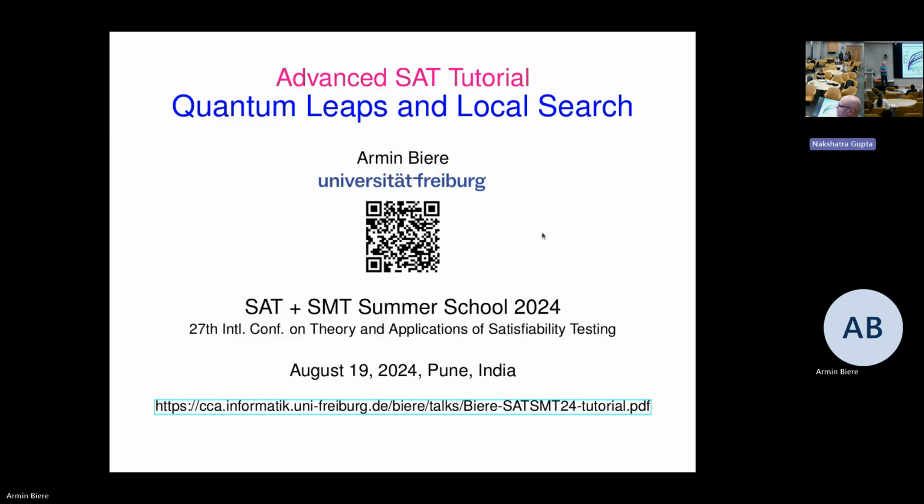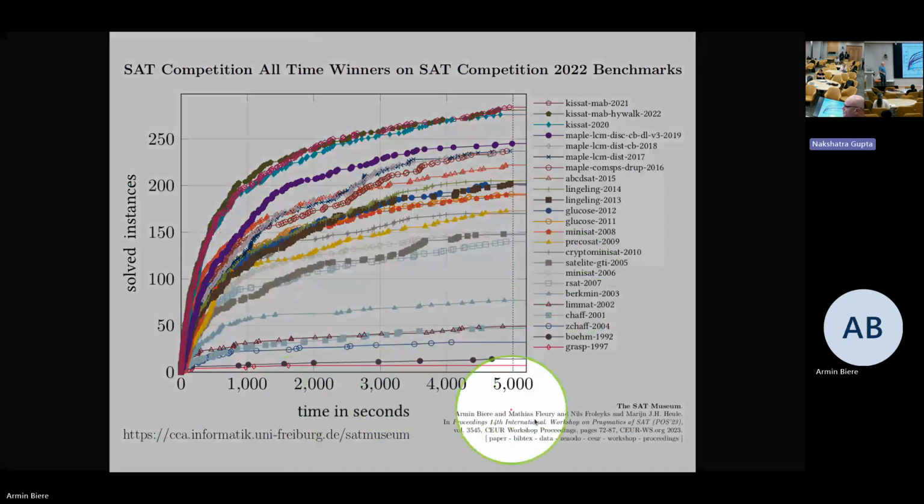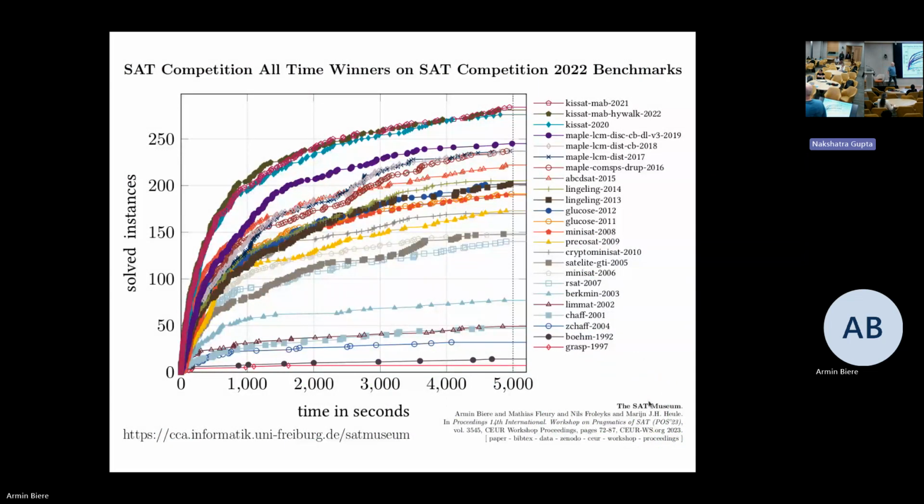So we prepared this SAT museum. This was presented last year in Alghero in Italy at the POS workshop, so I'm looking forward to the POS workshop tomorrow again. It's my favorite workshop. And last year we presented this work, which is showing off the performance of all the winners of the SAT competition.